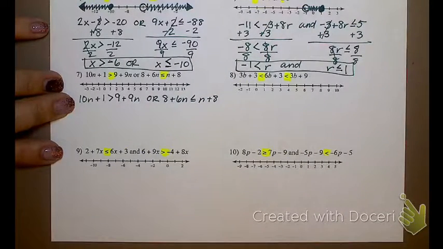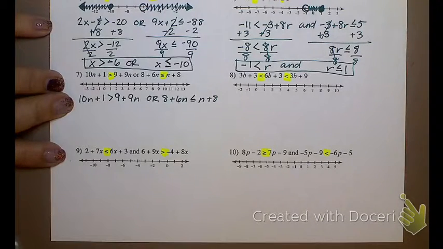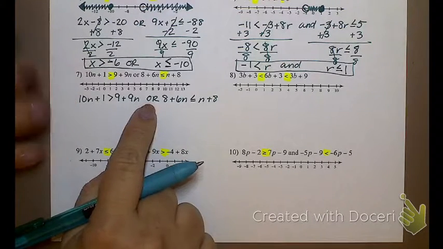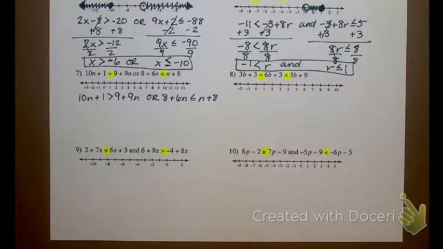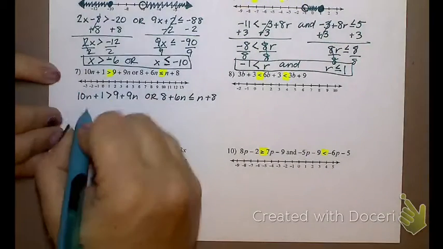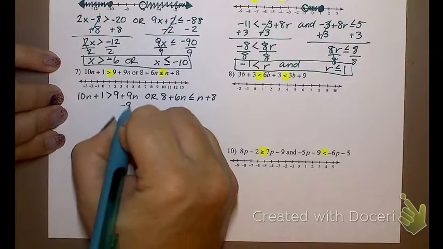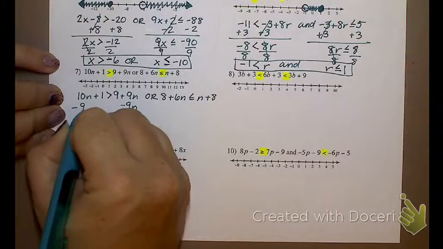With inequalities, when there's letters on both sides, how do we deal with that? Well, yes, we combine like terms, but it's easiest to put the letters on the left for graphing. Now, in this case, it doesn't bother us too much because since we have or, we know we have a graph that we're shading out from. But I'm going to just keep the letters on the left to make life nice.